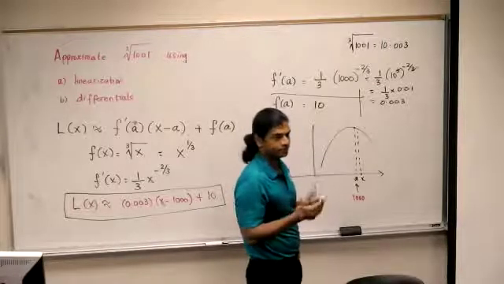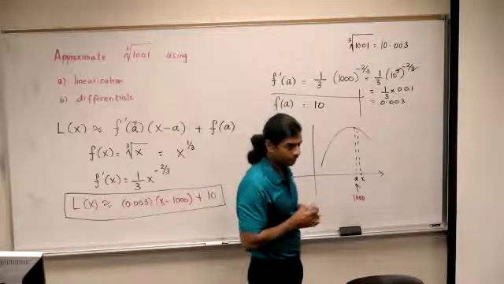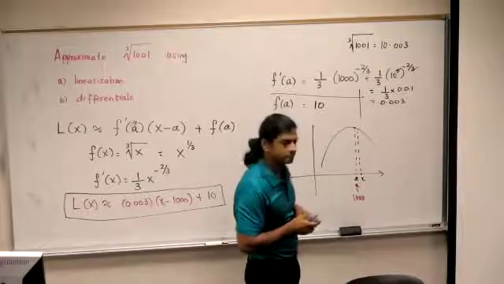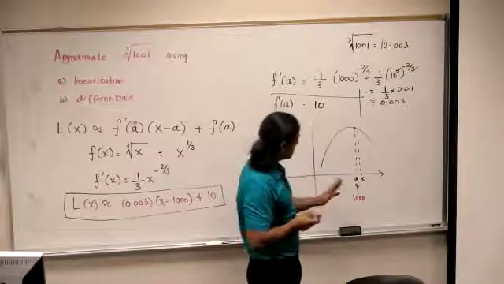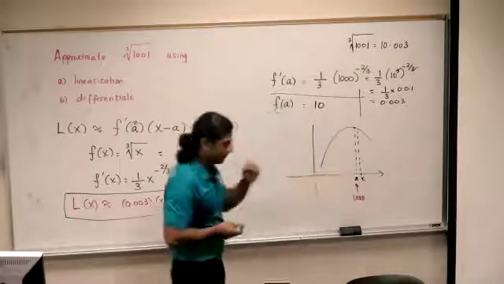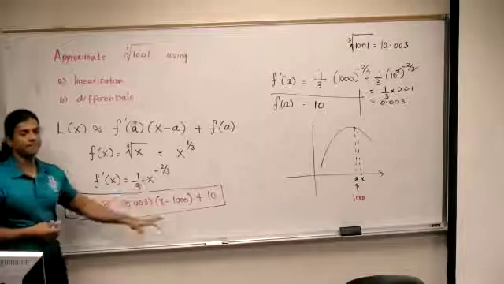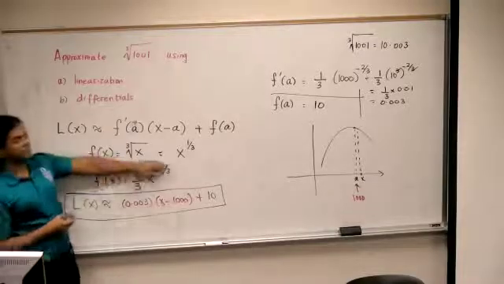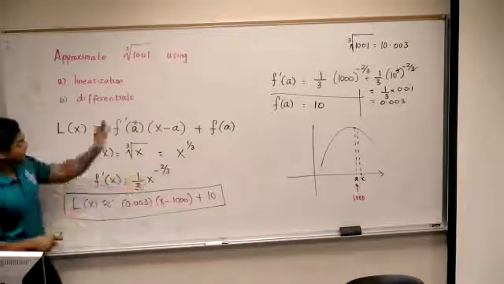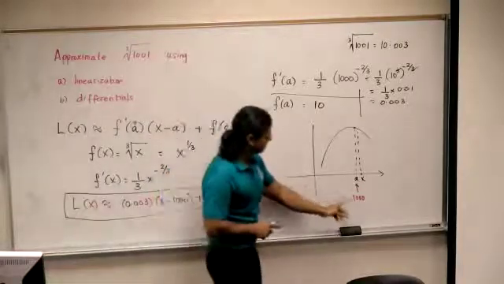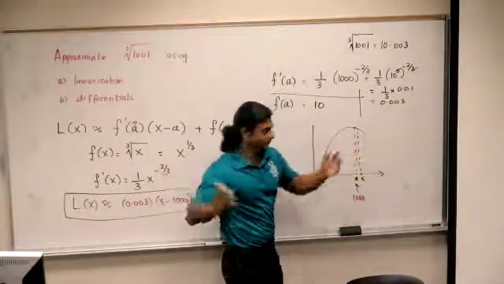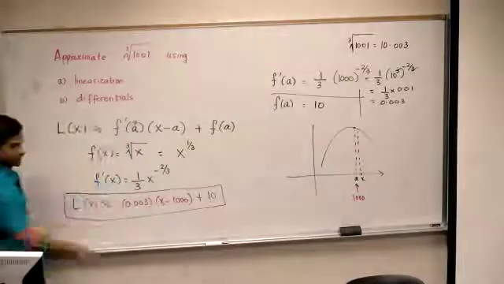I'm not going to use the calculator at all. I picked a function that is convenient because it's a cube root function. I can easily evaluate the cube root of 1,000 without even using a calculator, and I got the linearization.